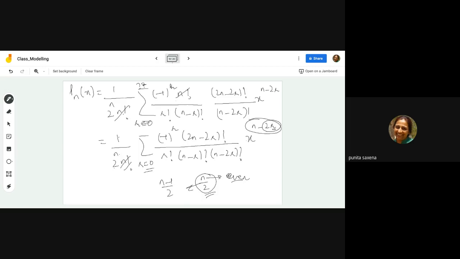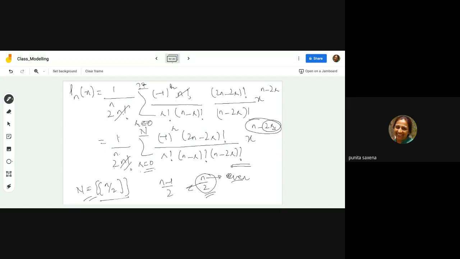That will happen only when r terminates either at n by 2 or at n minus 1 by 2, depending upon whether my n is even or odd. And that is why this r varies from 0 to capital N, where capital N is the integral part of n by 2. If n is even, it itself is the integer. If n is odd, then the even integer prior to that is your capital N. So this is where this summation ends.